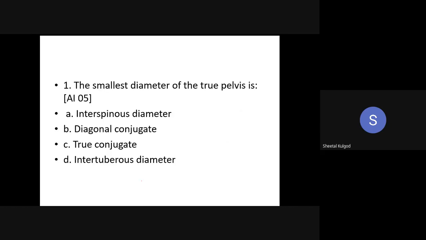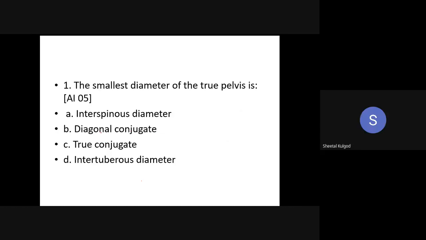Nobody? So are you not able to get the answer? You forgot the diameters of the skull, is it?